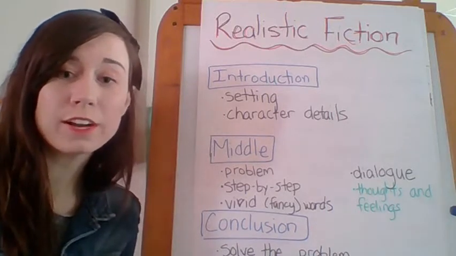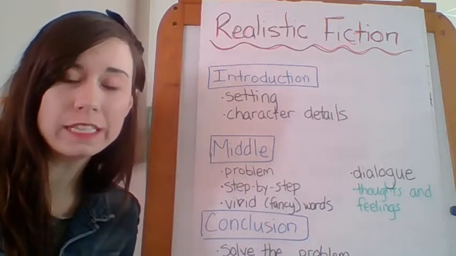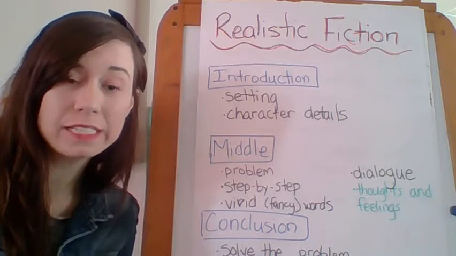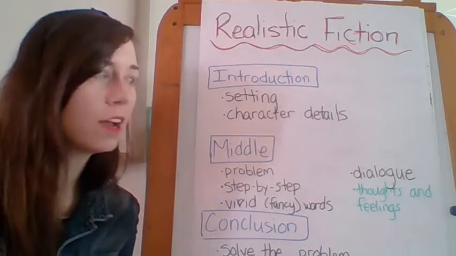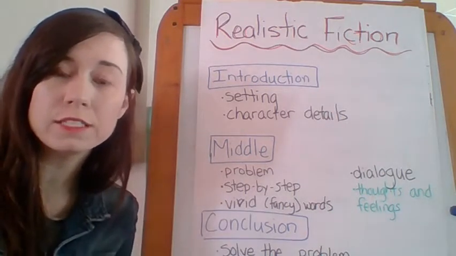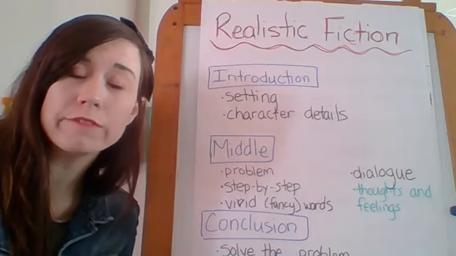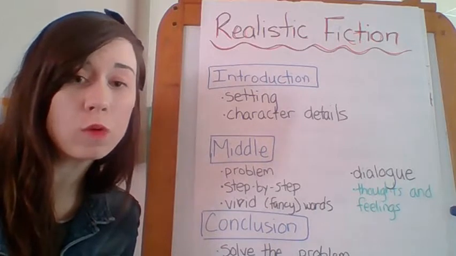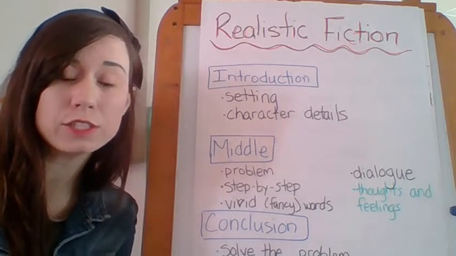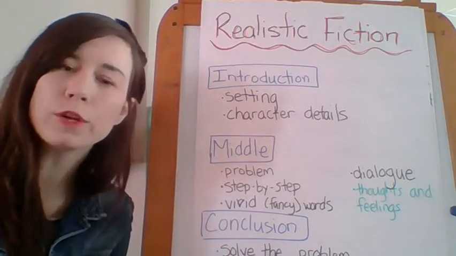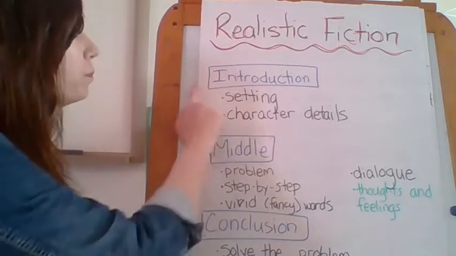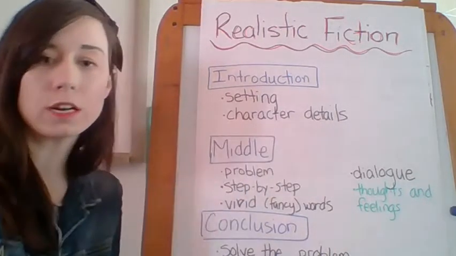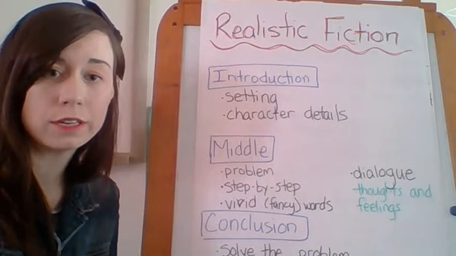Friends, we're starting our final realistic fiction story today, and I thought it would be a really good idea to go over everything we've learned so far to make sure that you incorporate these things into your story to best help your reader. So, the first thing that we've talked about is the introduction.